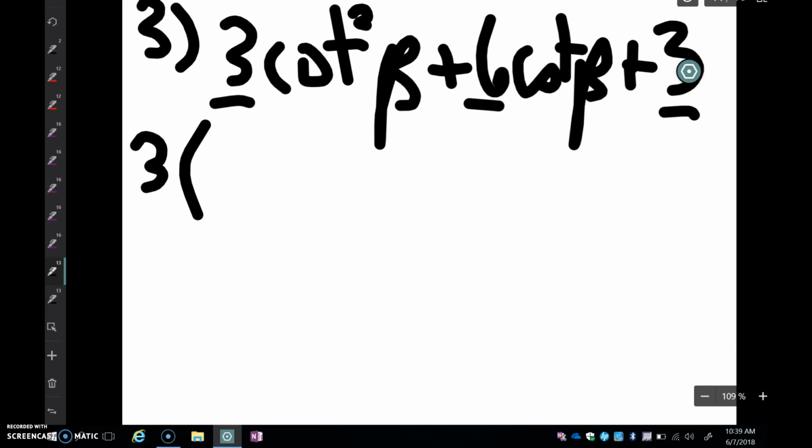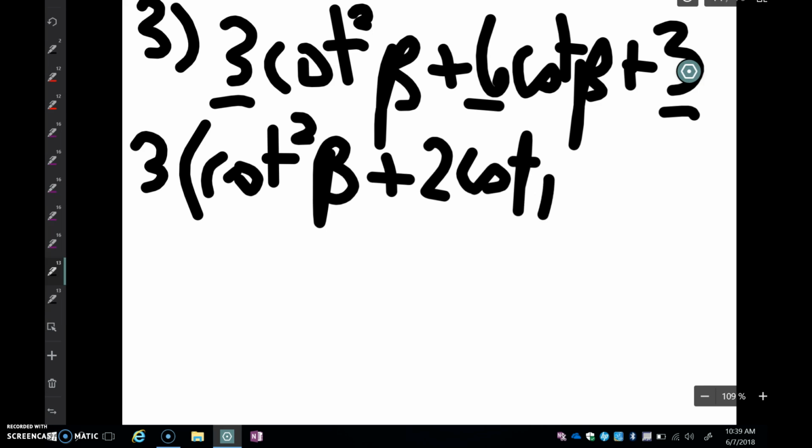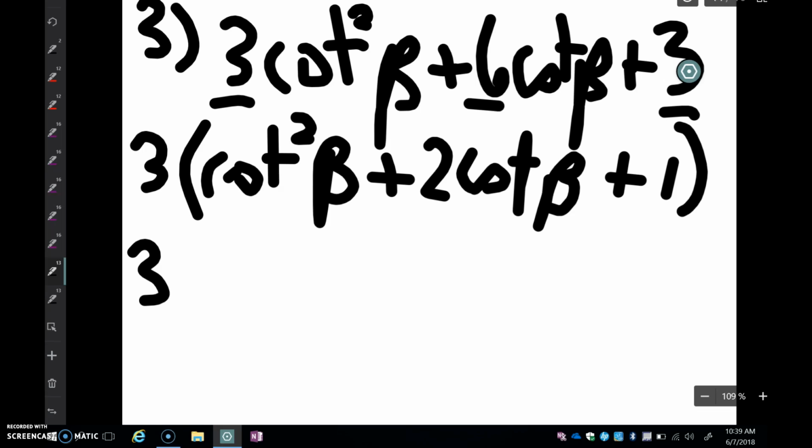So I can factor out that common factor, and that leaves me with cotan squared beta plus 2 cotan beta plus 1. And then I can further factor the square problem like I did earlier.